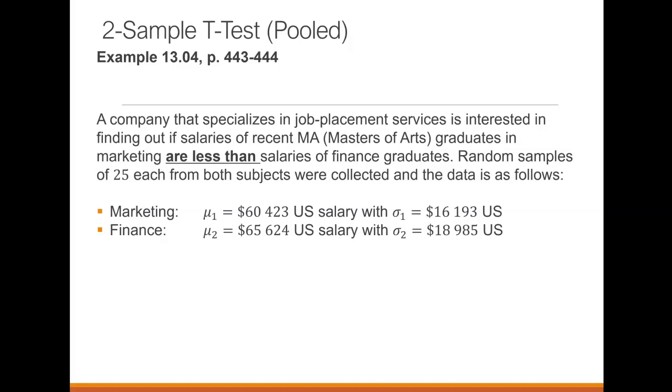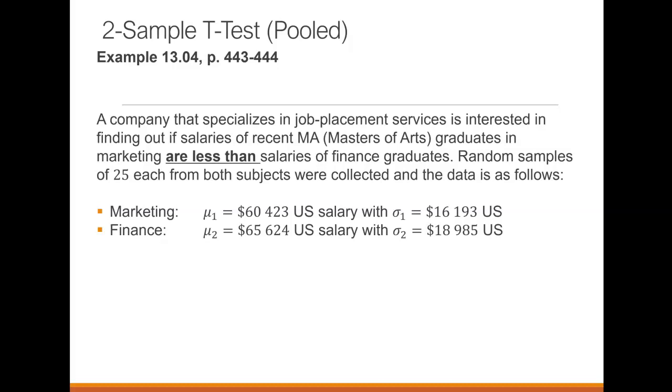So again, what statistical test are we going to use to test if these are different or not? It's called the t-test. And since we're comparing two different samples, this is the two-sample t-test.